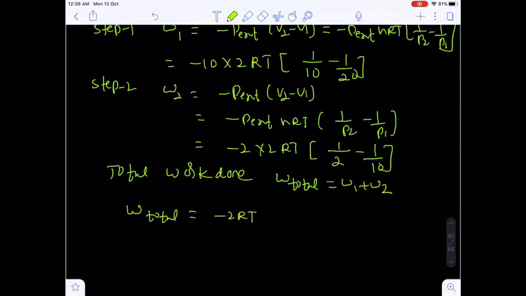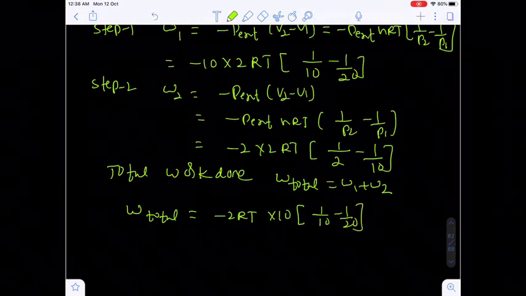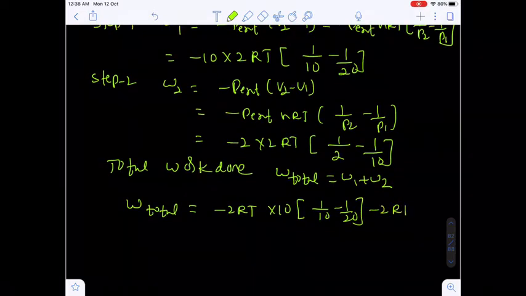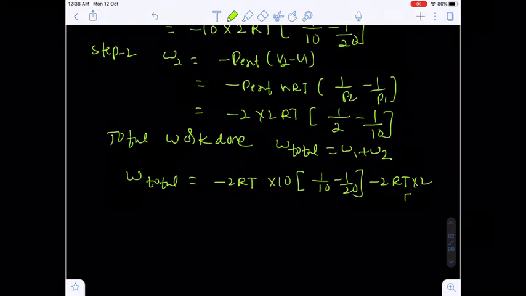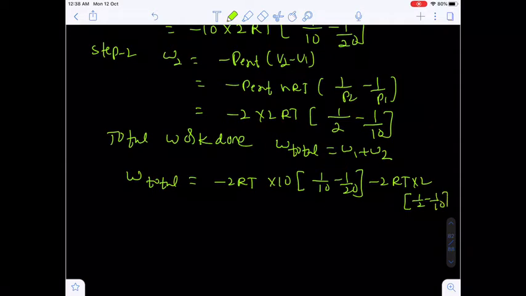That will be equal to minus 2RT into 10 into 1 by 10 minus 1 by 20, and minus 2RT into 2 into 1 by 2 minus 1 by 10. After simplification, finally you will get 2.6 RT.